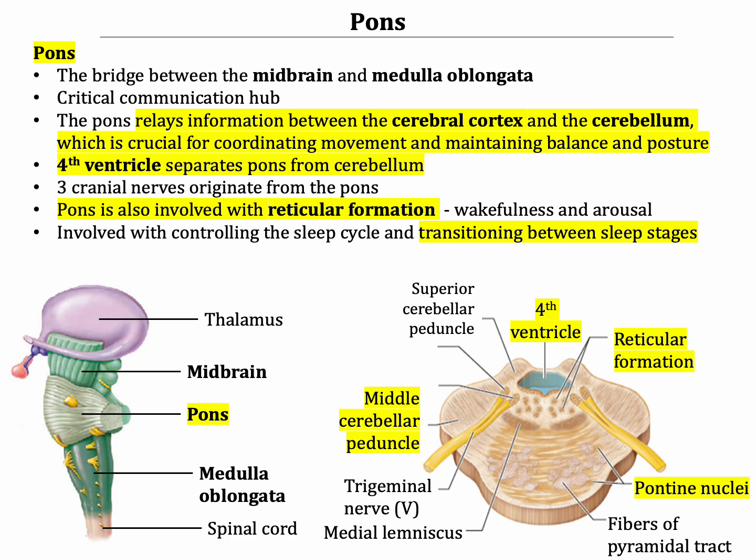Lastly, the pons plays an important role with the transitions between our sleep stages, even switching into REM sleep as well. We're not going to talk a lot about sleep stages in this chapter. It's a pretty complex thing to discuss, and for time's sake, I'm going to kind of skip that conversation.